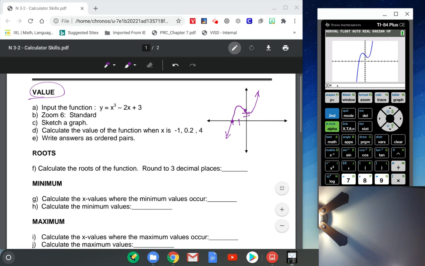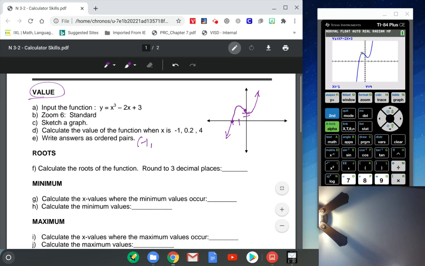And you notice it brings up this X and it's blinking. You can type any X value you would like in there, and it's going to give you the Y value. So I'm going to put in negative 1, which was our first X value they want us to use, and hit enter. And it tells me at negative 1, the value is 4. So they want us to write that as an ordered pair.